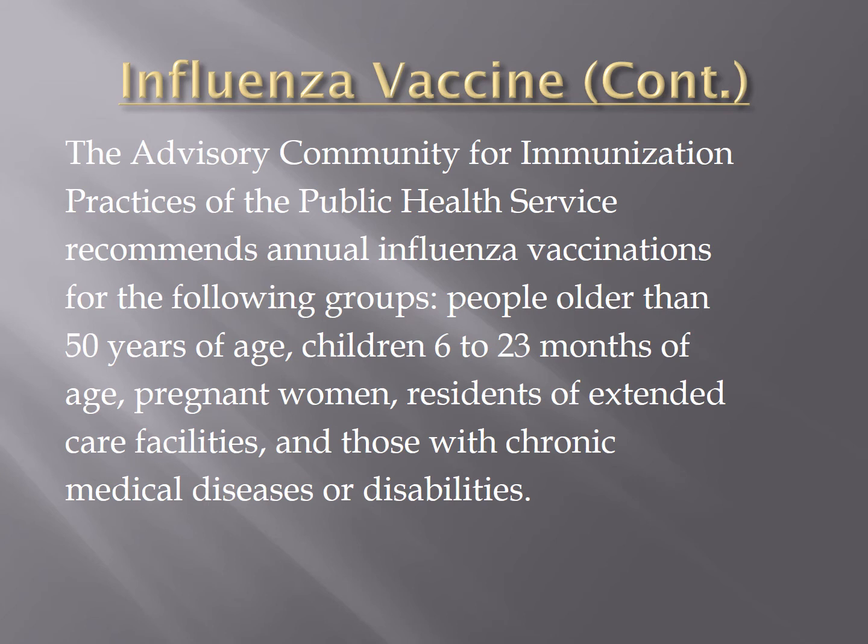Residents of extended care facilities. These include residents of nursing homes, or let's say patients who have psychiatric problems and they live in a psychiatric hospital. Again, these patients should take the vaccine.